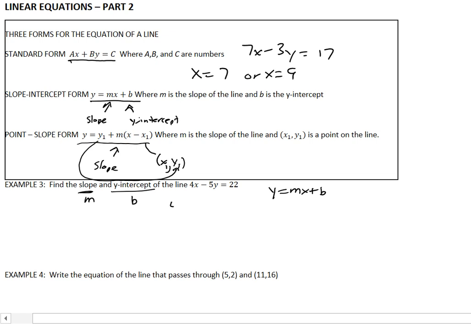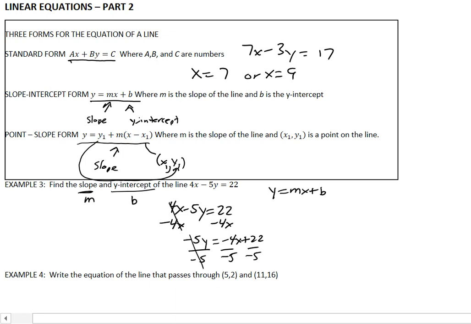Let's take this equation and solve it for y. So we know what to do. We subtract 4x from both sides. That's going to cancel. So I have negative 5y equals negative 4x plus 22. Divide by negative 5. The negative 5's are going to cancel.